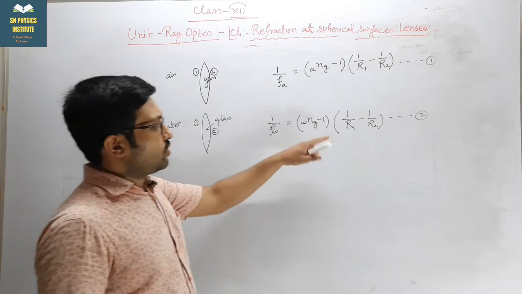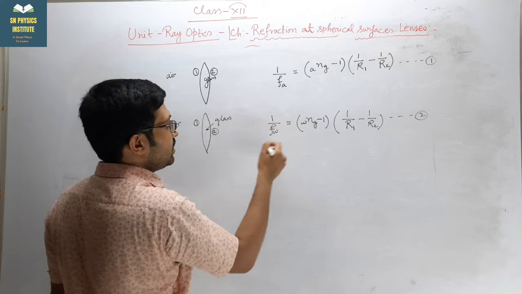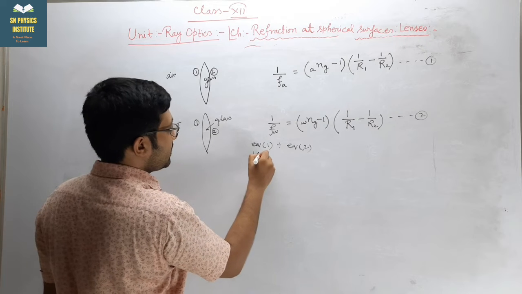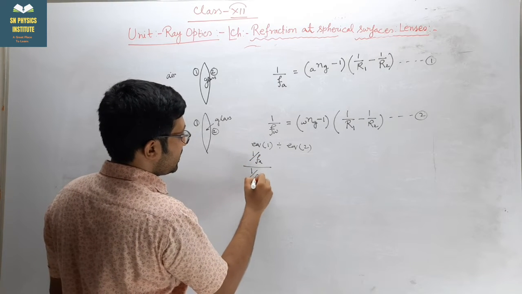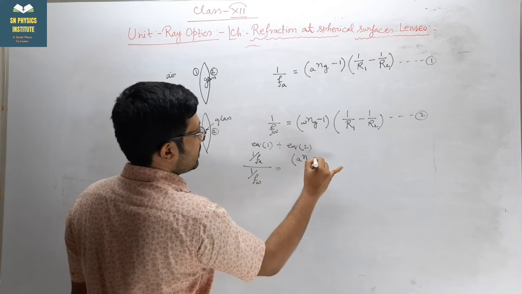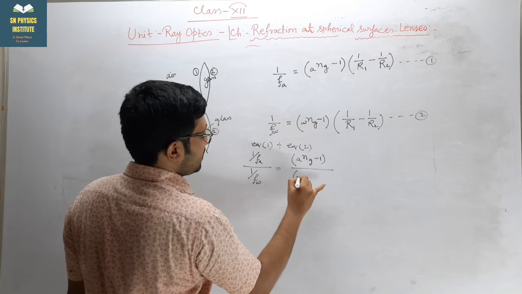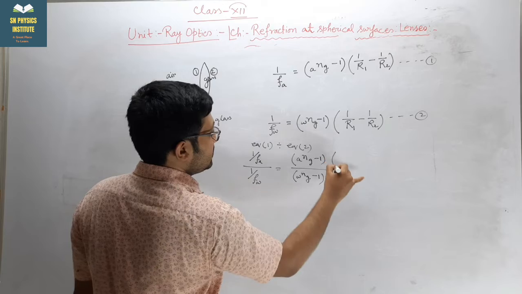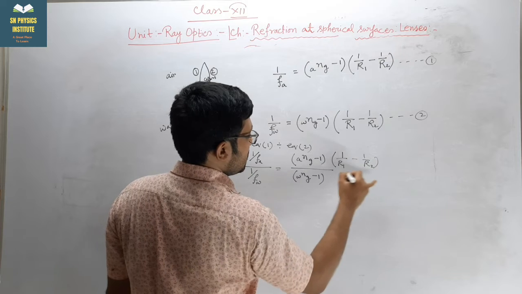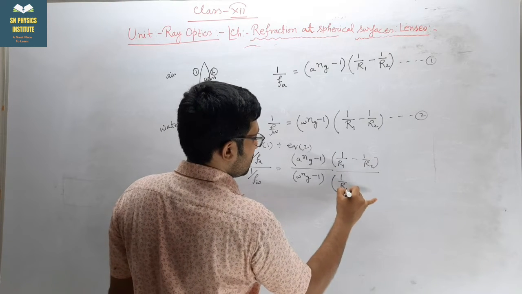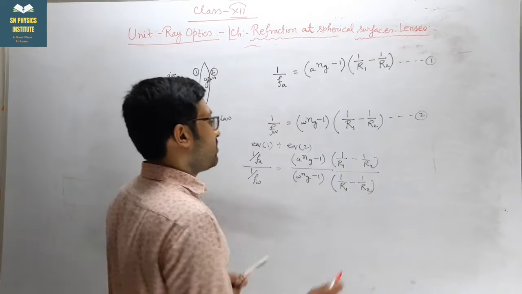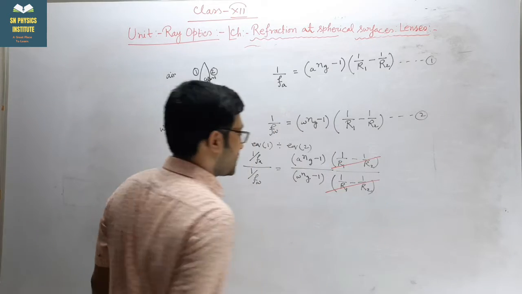Now if you divide equation 1 by equation 2, 1 by Fa by 1 by Fw is equal to aNg minus 1 divided by wNg minus 1, and the 1 by r1 minus 1 by r2 terms cancel out.